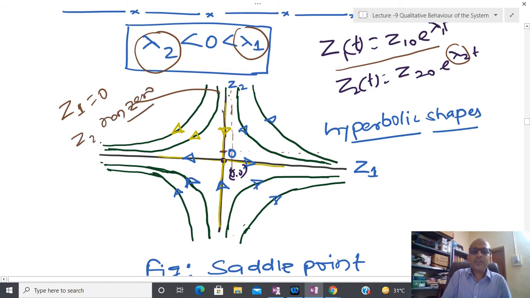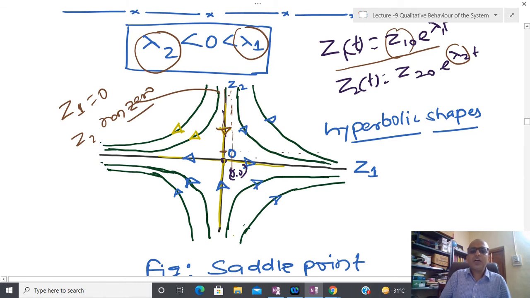Z1 remains 0 because multiplication of any quantity with 0 remains 0. Due to that reason I have drawn this kind of curve.